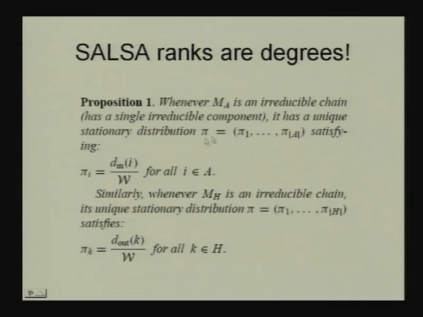Suppose that distribution is pi. Then pi I, the ith component of that eigenvector, or the probability of being at a particular node I in the stationary state, is nothing but the in degree of I. W is only for normalization. So it is nothing but the in degree of I divided by W, for all I in A.